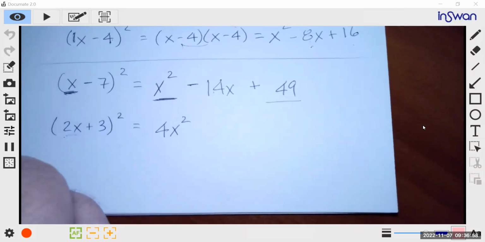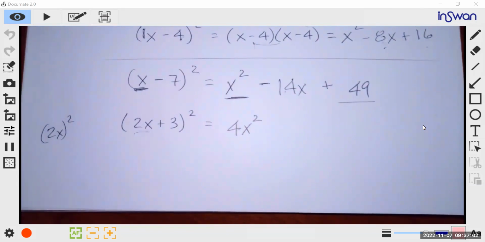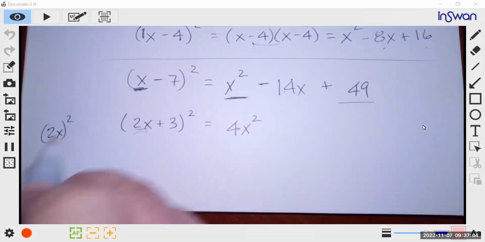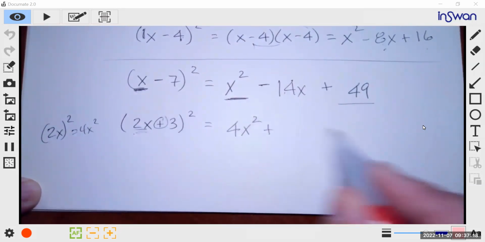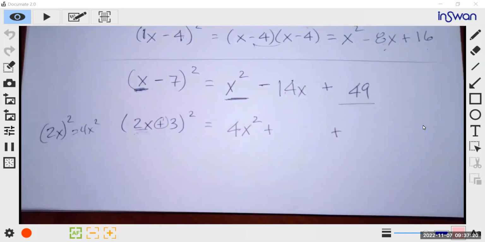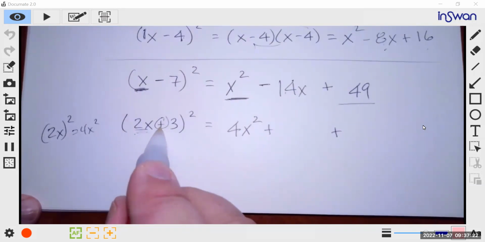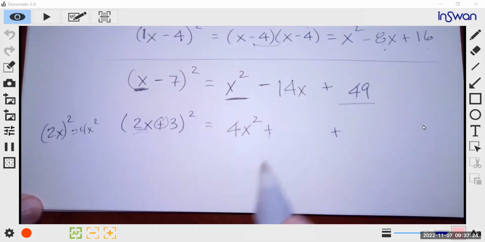If I took the first term, 2x, and I squared it, I get 4x squared. That goes here. What are my signs going to be? Well, since that's a plus, remember the second one's always a plus. There's no thinking about that one. Since that's a plus inside the parentheses, it has to be a plus inside here.